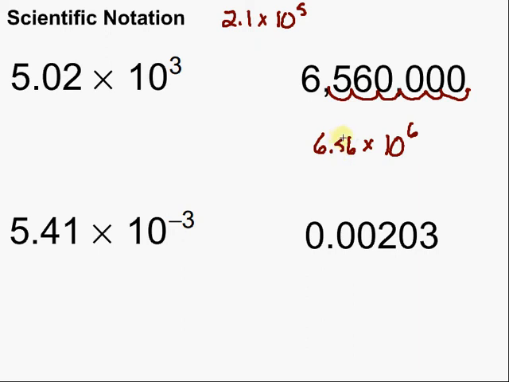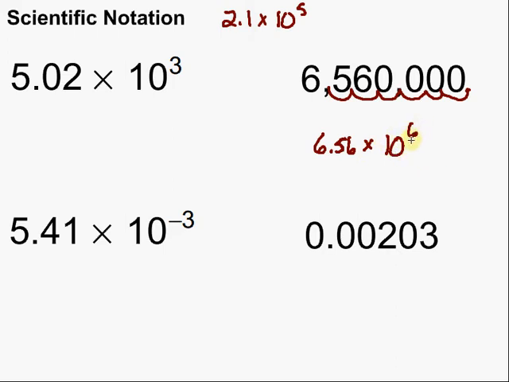Now, sometimes we have positive powers of 10, sometimes we have negative powers of 10, and here's a way that helps me to remember if it should be positive or negative. Well, this number is very large compared to this number, and in order to make this number back into that one, which is the same number still, just written differently, we would have to multiply by a large number.